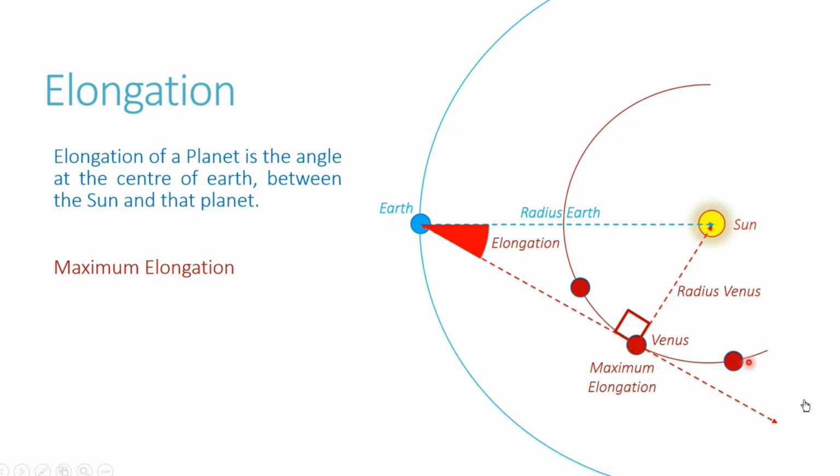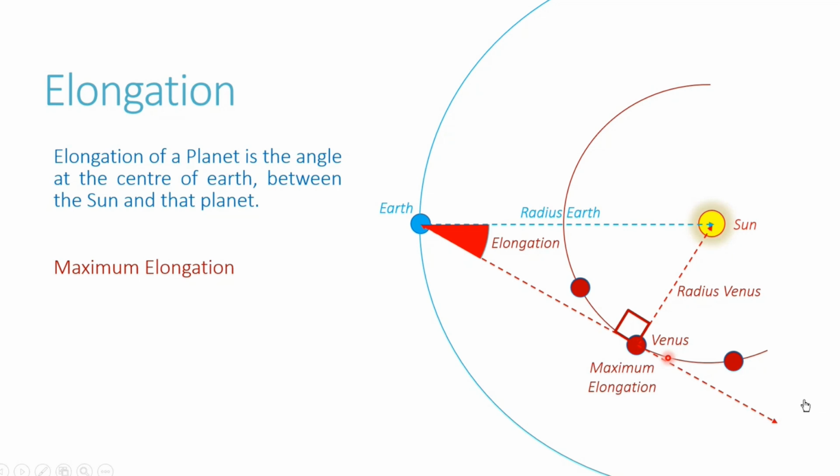Now, inferior planets like Venus, as you see in this diagram, can never be in opposition to the Sun. They can never be in opposition. Irrespective of whichever position they are in their orbit, they can never go in a direction which is opposite to the direction of the Sun. And at the same time, if you look carefully, you will observe that these inferior planets like Mercury and Venus can also never be in quadrature with the Sun.